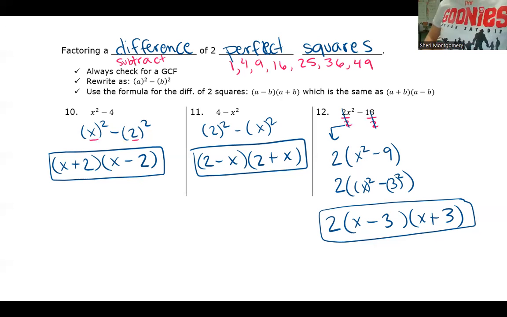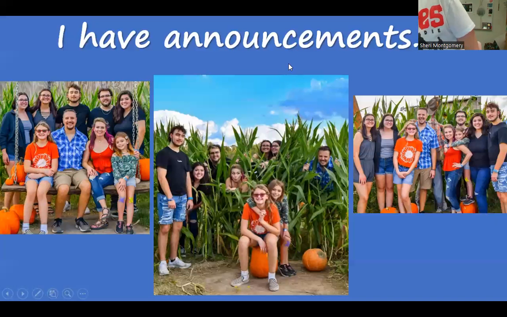Okie dokie, before we move on, I don't want to forget to tell you guys a few things. Two things. First, we are getting married on the 25th. And so that means that we're going to be out. I just put these pictures because I wanted to show you guys my family.